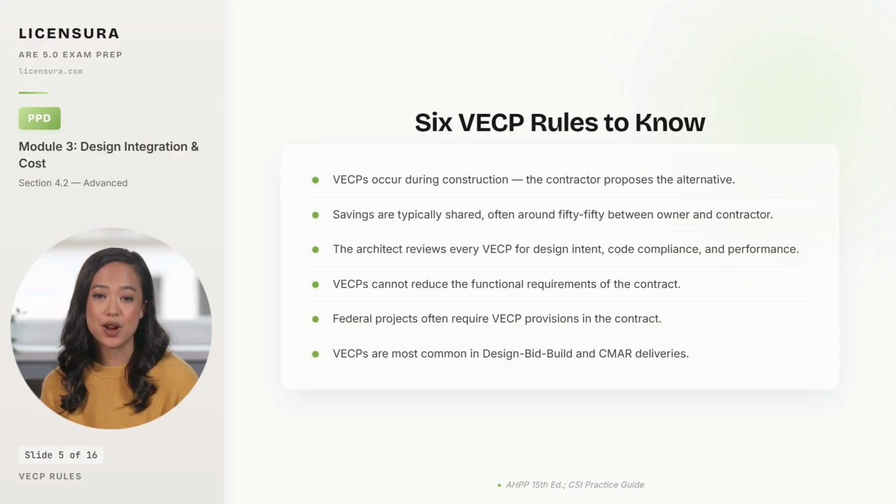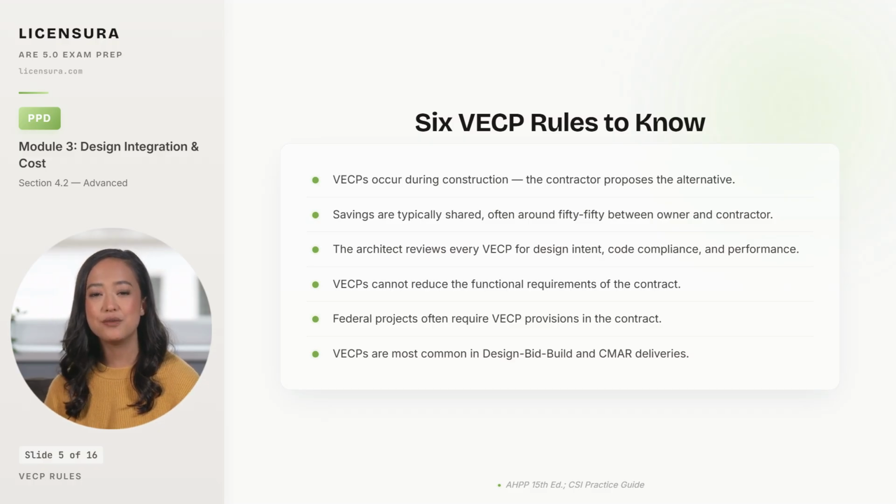Fifth, federal projects often require VECP provisions in their contracts as a matter of policy, so the conversation is not optional on those jobs. And sixth, VECPs show up most in design bid build and CMAR deliveries. Under design build and IPD, the savings get routed through the team contract rather than as a discrete VECP.